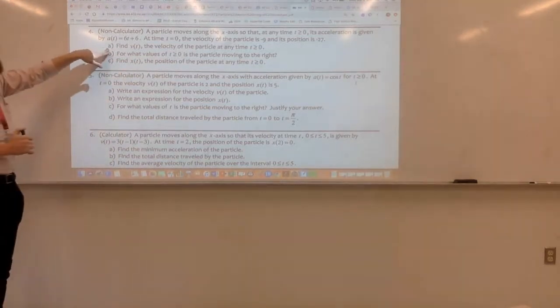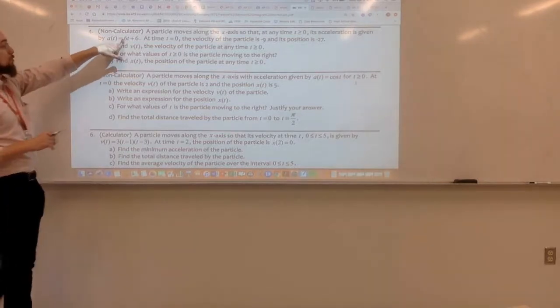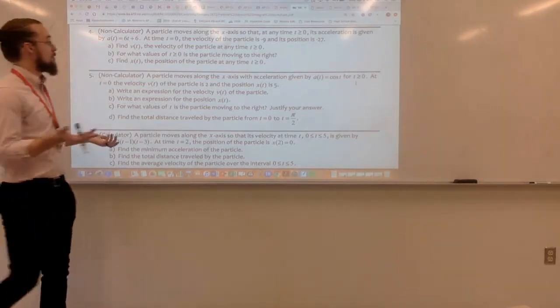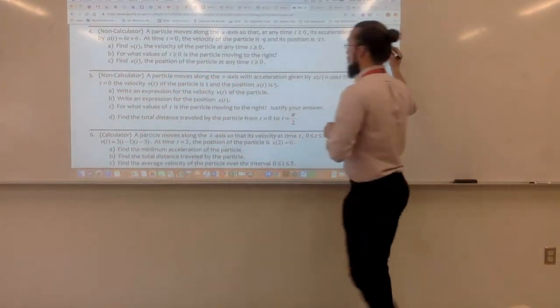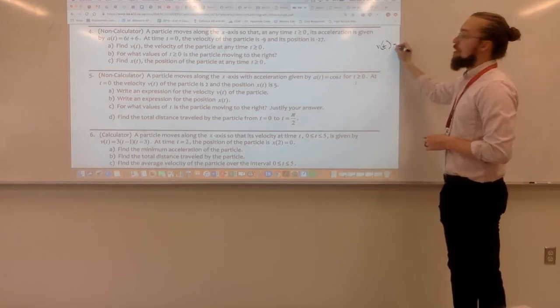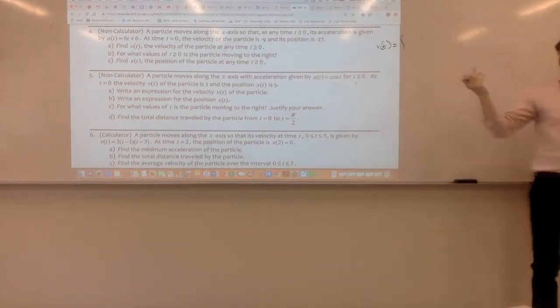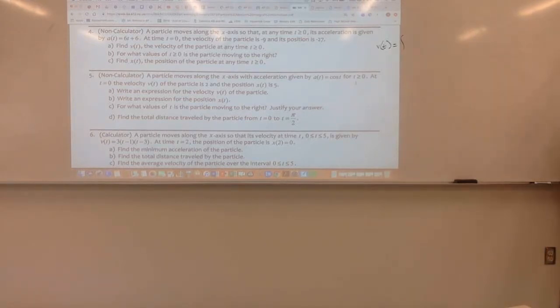So, find v of t, and then for what values of t is the particle moving to the right. So, to find v of t, we would take the antiderivative of acceleration. Right? So, antiderivative of acceleration. Well, this is for A, but we will need this to do B.